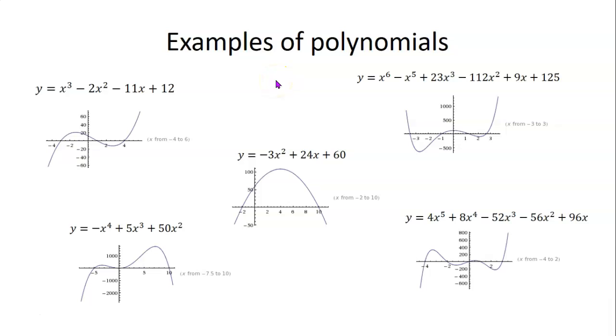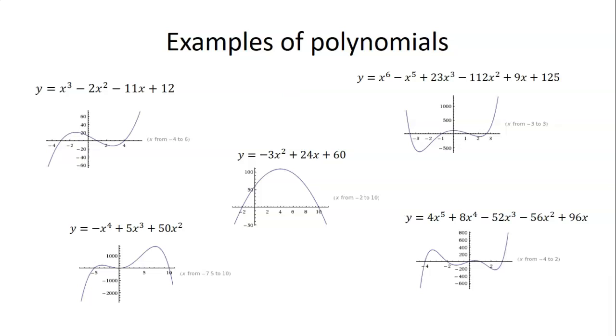And what they all have in common is that they are made up of several terms added together, where each one of those terms is either just a number, a constant term like 12 or 125, or it's a number times x to some whole number power, like -3 times x to the 2 power, or 24 times x to the 1 power, or 1 times x to the 3 power.